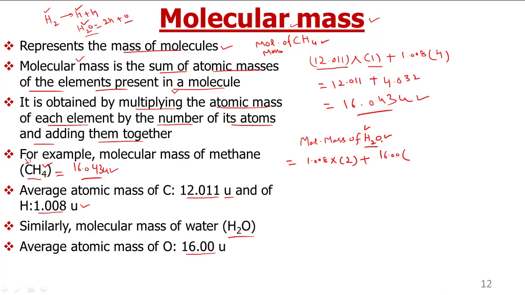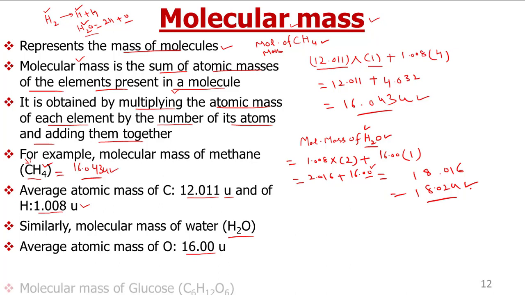How many oxygen atoms are there? Only 1. So it is 2 into 1.008 is 2.016 plus 16.00. So its answer is 18.016. So we have to round it off because we cannot have in the result more than 2 decimal places. So it will be 18.02 U. This is the molecular mass of water.